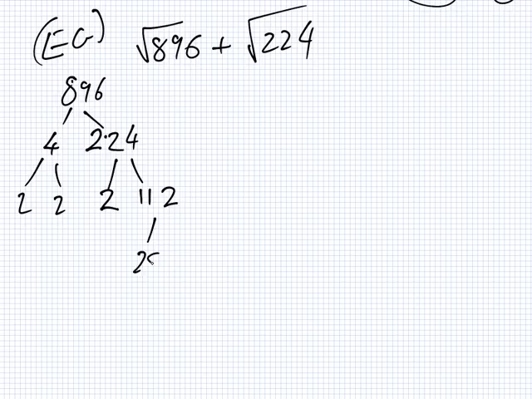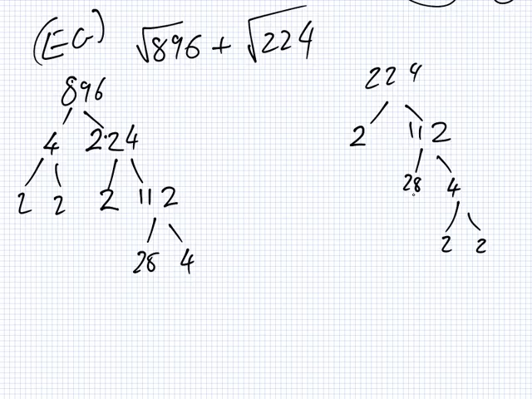We can leave the 4. 112, because of this one here. Yeah, actually, that's true, we should maybe be looking at this one at the same time. And 112 is 28 and 4, and 4 is 2 and 2, and 28 is 14 and 2, which is 7 and 2.